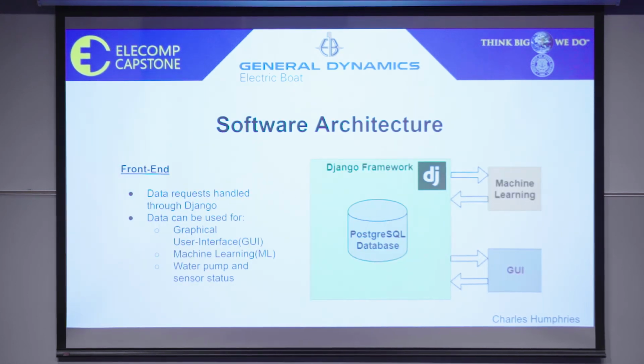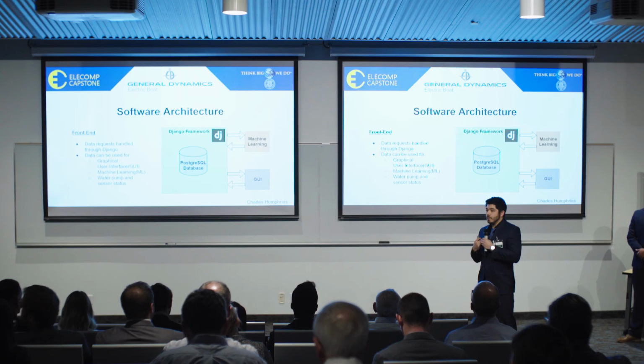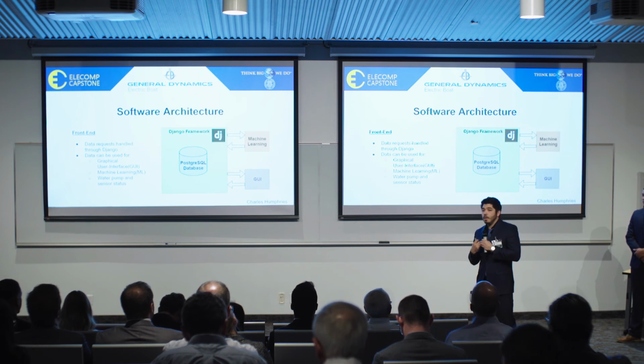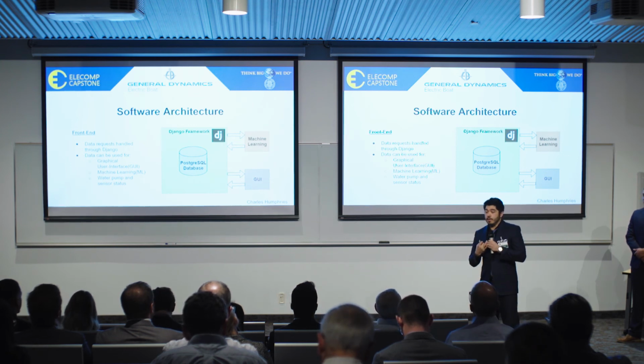Furthermore, we can also take that data and utilize it for a machine learning algorithm. Now, the machine learning algorithm will show us the predictive status of our pump, whether or not it's going to fail, and also it will pinpoint when it will fail and the failure points.